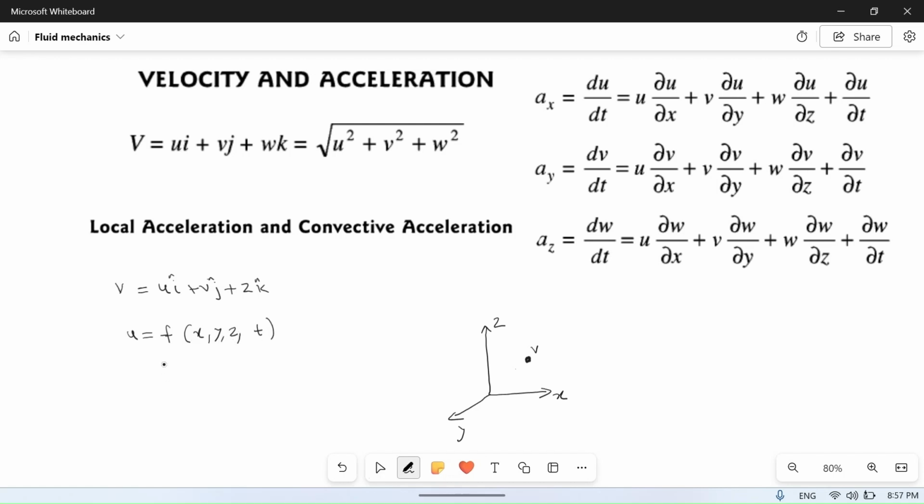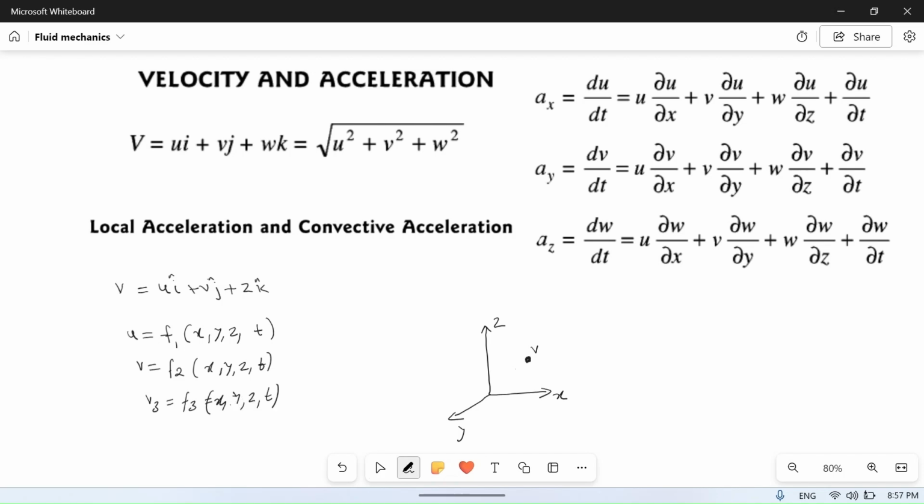Similarly, this is f1, v is equal to f2 of x, y, z and t, and w is equal to f3 of x, y, z and t. All are functions of space and time.